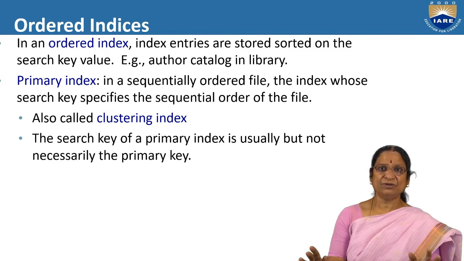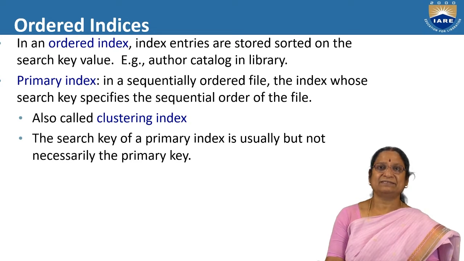So whenever we are accessing the data based upon the primary key, searching is more efficient because it is in the order of this primary key. So we can use binary search, so that the lookup process is more efficient in such cases.